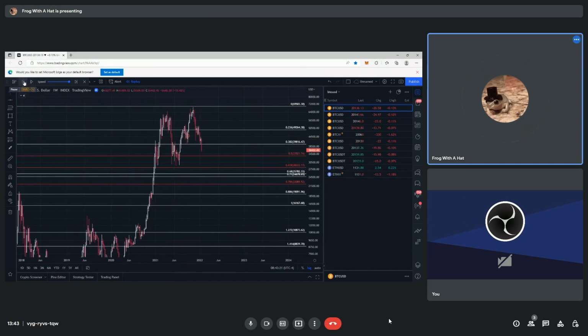Another bounce on a critical point, 0.5. The 0.5, I have it in red because it's called the continuation fib. It's a 50% retracement. See how you got a 1 to 0? From the 0 to the 0.5, that's a 50% drop. Usually the 0.5 is called the continuation fib.